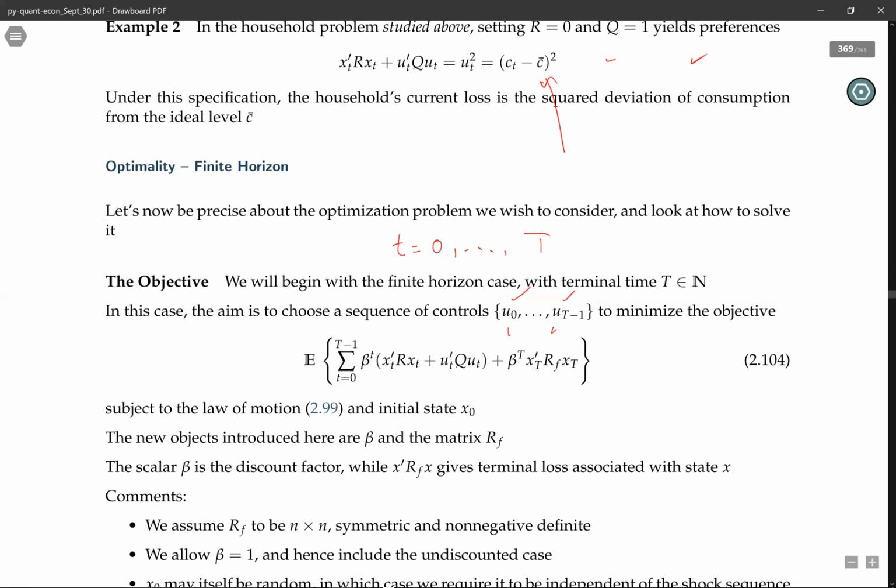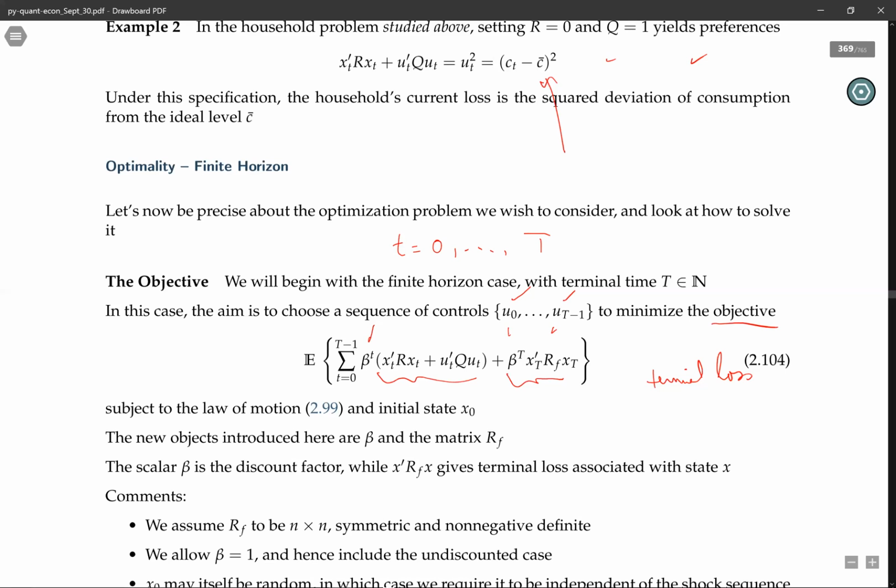Well, this is his loss function. We're going to add a discount factor, raised to the t, and then we're going to have this terminal loss. And this is important to add. It's easy to forget about it, but if we don't, the math is going to come and tell us something pretty interesting. So this is the objective function.